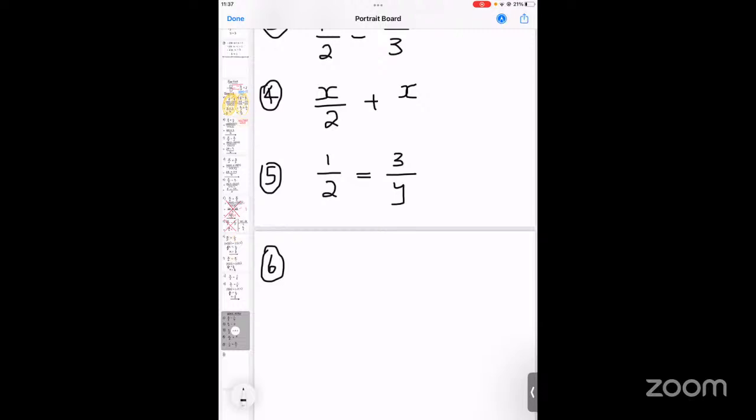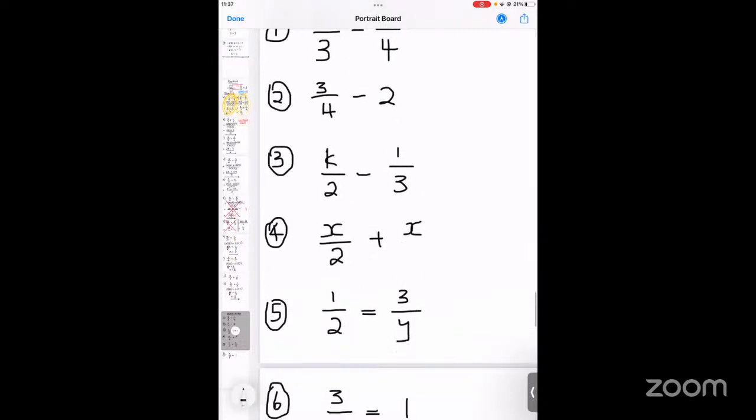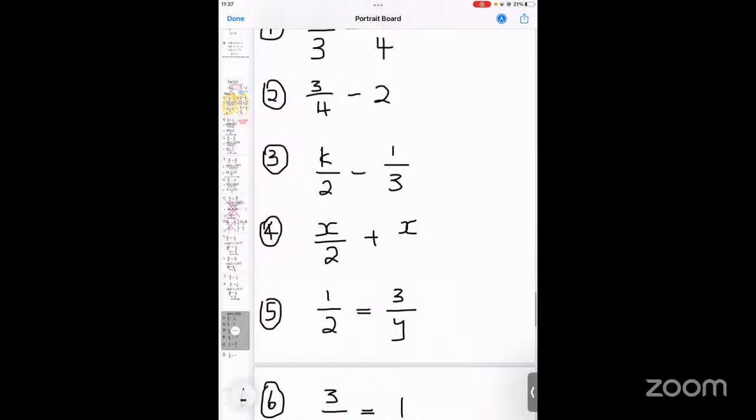I'll say 3 over P, which will be equal to, maybe, that by that, if I say 1. Manahil, you now have problems to solve. Can you see what's happening there? The problems that you need to do.